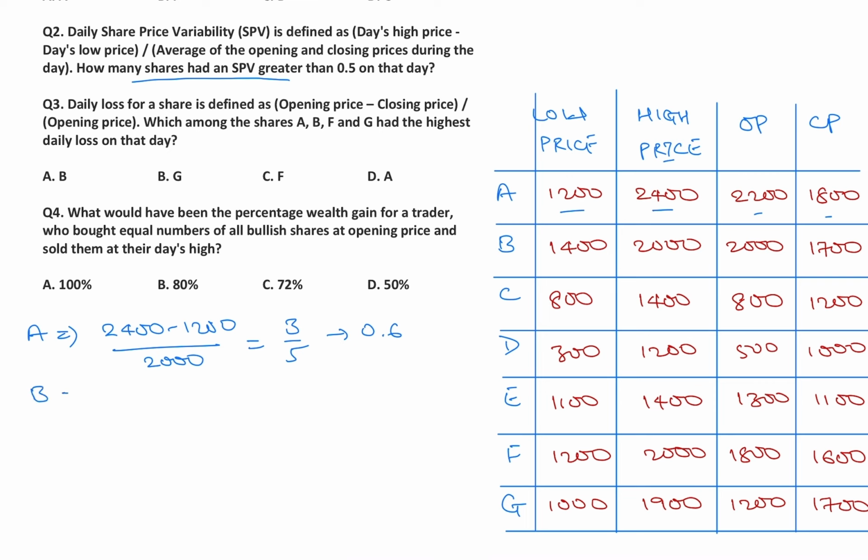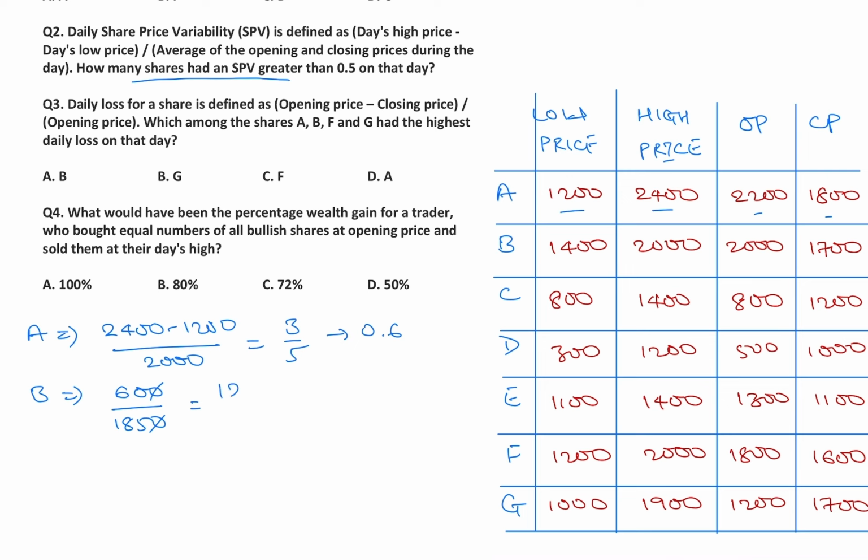Let's go to B. For B, it will be 2000 minus 1400. This will be 600, and the average of 2000 and 1700 will give me 1850. Okay. So this will give me 60 by 85. Let's divide it by 5.